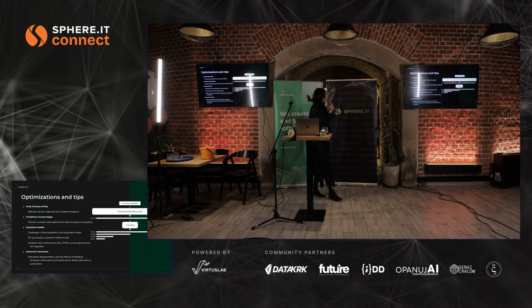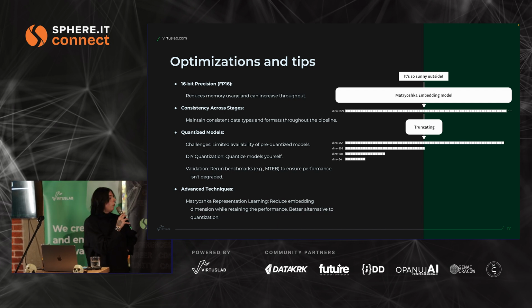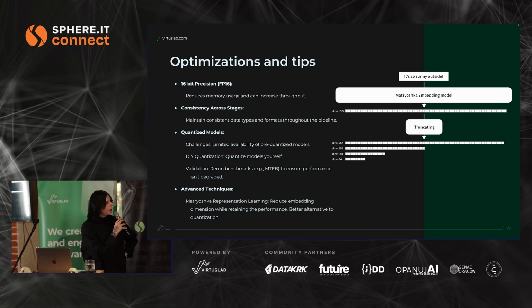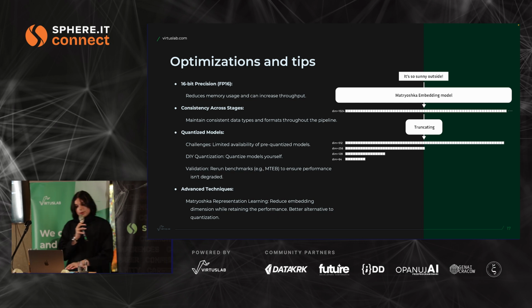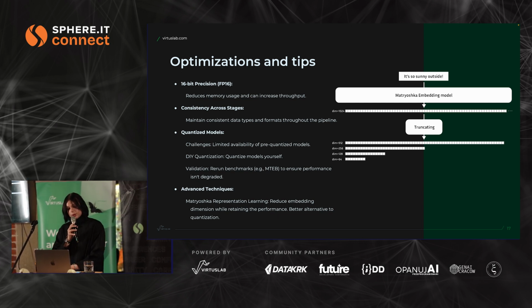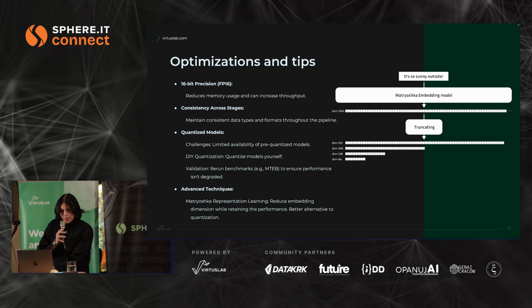So, some optimization tips. You can use 16-bit precision to reduce memory usage and increase throughput. Just make sure that your GPU allows for that, because not all of the GPUs support lower precisions.